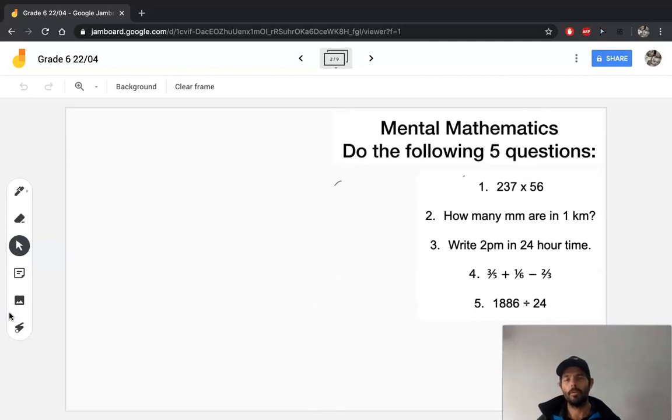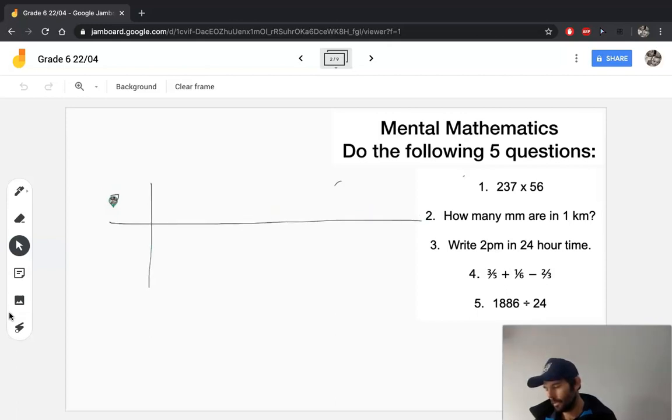1,886 divided by 24. I'm first going to do it as 1,886 divided by 24. So the first thing I'm going to do is draw my table. All right, I'm multiplying by 24. So if I multiply by 10 first, 240.